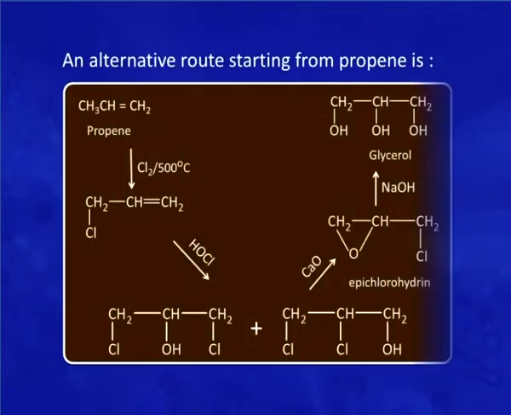In this method, propene is treated with chlorine at 500 degrees centigrade to produce allyl chloride, which upon treatment with chlorine water or hypohalous acid produces the dichloro derivative, which upon treatment with calcium oxide forms epichlorohydrin. Epichlorohydrin upon treatment with sodium hydroxide produces glycerol.